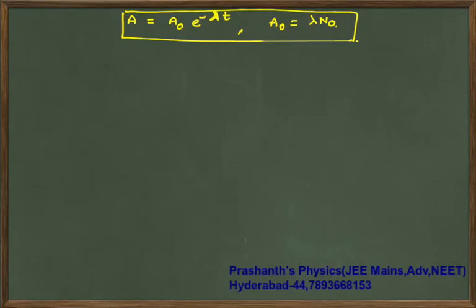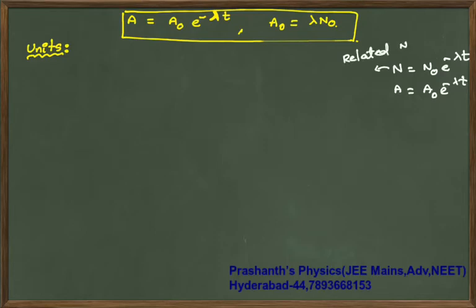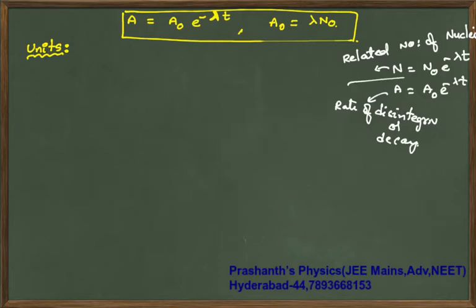Now from here, something extra we'll do, that we'll call units. This is important because you will often get confused between N equal to N naught times e power minus lambda t, which is related to the number of nuclei, and A equal to A naught times e power minus lambda t, which is related to the rate of disintegration, or decay.